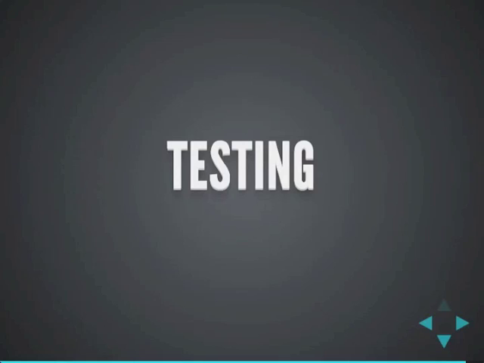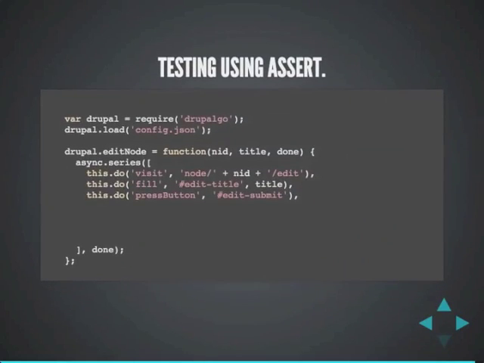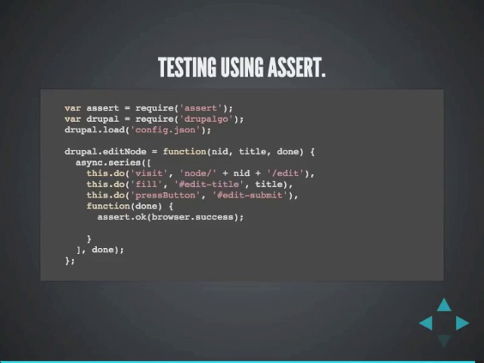Really quick, I just want to talk about testing. I know we're almost done. So testing, you basically just use the assert. So you include it right there, require assert. When you're done, you want to say assert browser success, browser equal, and really that's testing. I mean, testing is like automation with just some checks along the way. That's really what testing is, and that's the bit of testing I'm going to talk about.